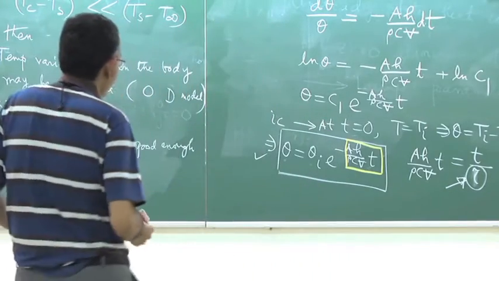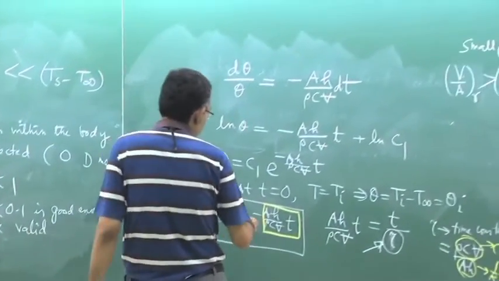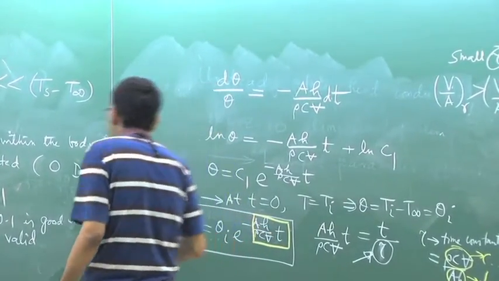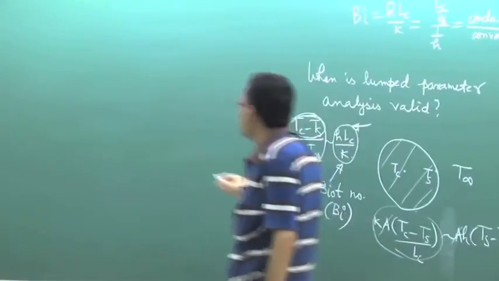Then how can we write this, AH by rho CV into T? So tau.